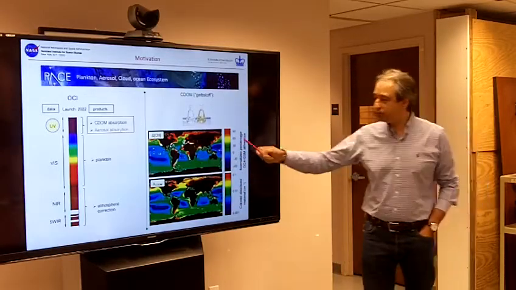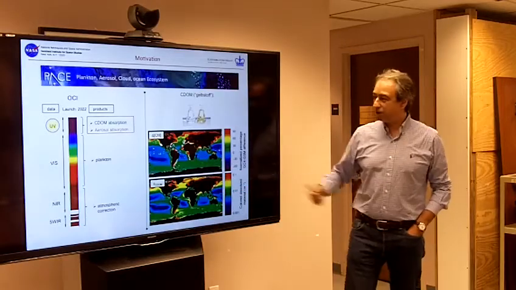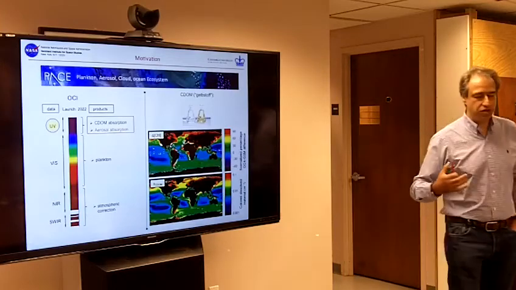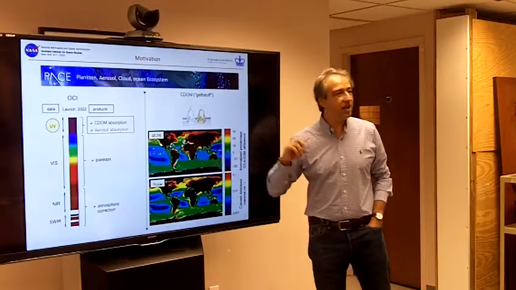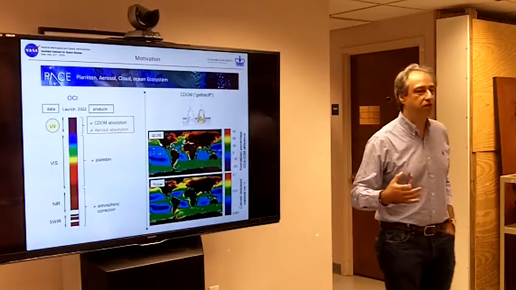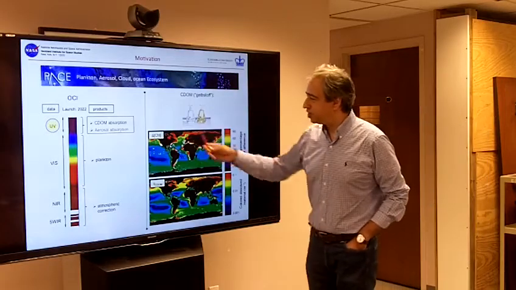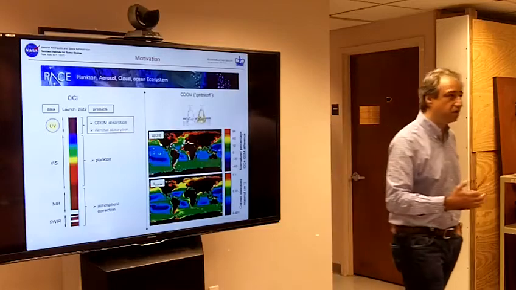And shown here are two examples of why this is a problem. The top panel here shows the difference between two different retrieval algorithms that people have been using to study the ocean color. And the difference is shown here with respect to the retrieved amount of chlorophyll concentration in the ocean.